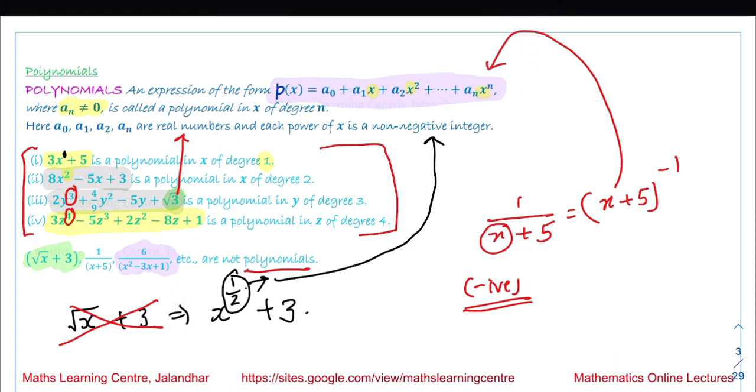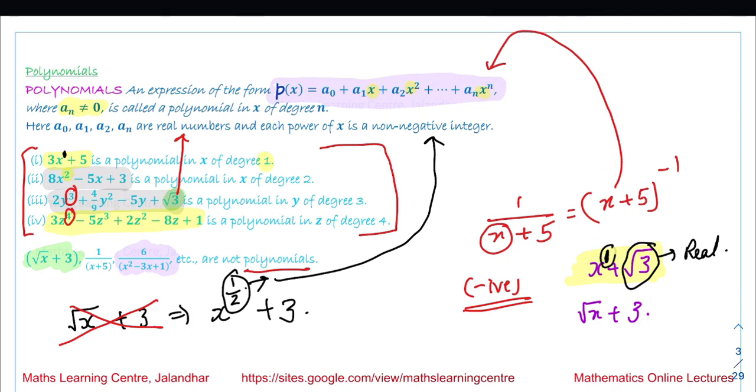One thing to be noted is that when I write x + √3 and when I write √x + 3, in the first case the highest power of x is 1. This √3 is a real number, which is allowed.